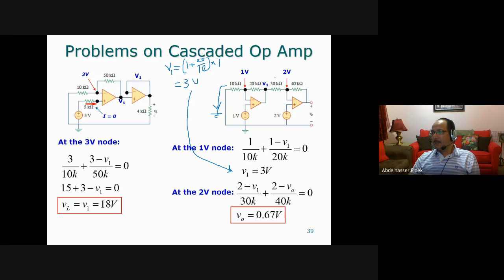Here, the resistor, which is 30K, is connected to V1. It's not connected to the ground. Then there is no way that you can do it except by the regular method, which is you say this voltage equals this voltage. This one is 2, then this one is also 2. So that's why we have 2 volt here. And the two input currents are 0.